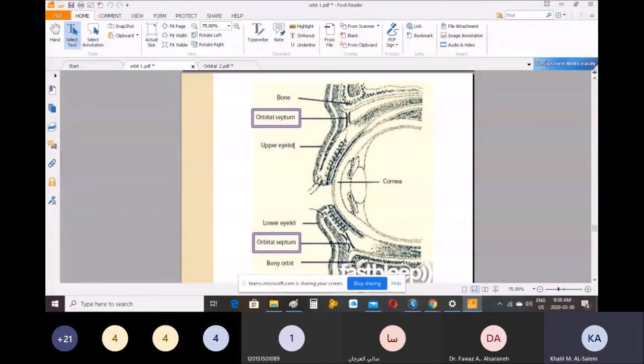But it's an anatomical barrier that we rely on in order to differentiate whether the inflammation is before that septum or inside the orbit, which is behind the septum.